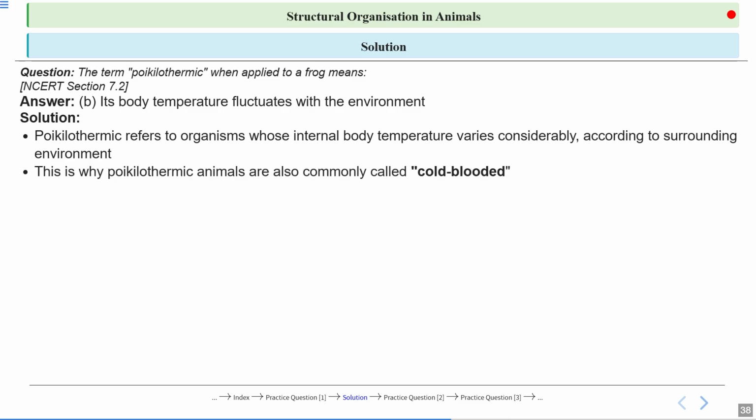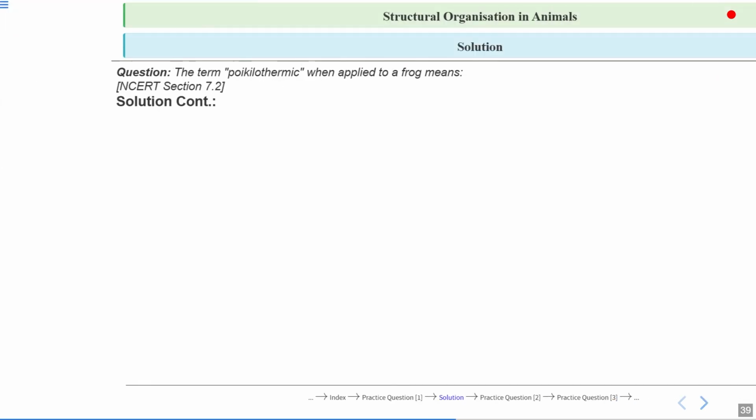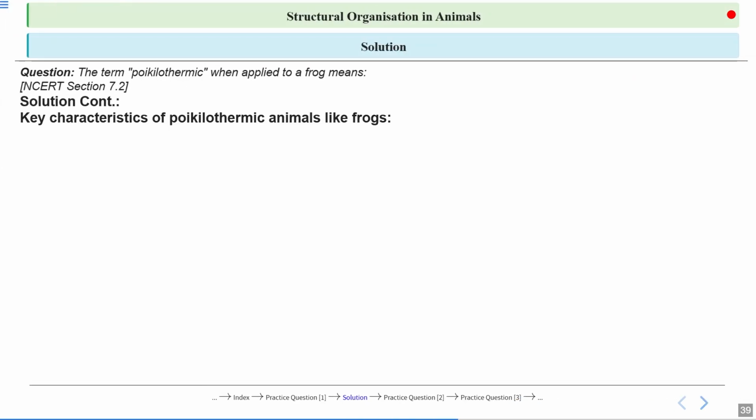This is why the poikilotherm animals are also known as cold-blooded animals. Their body temperature changes with the environment temperature. So if the environment temperature is very low, the temperature of their body will also become low. And at that time, it's very difficult to survive.